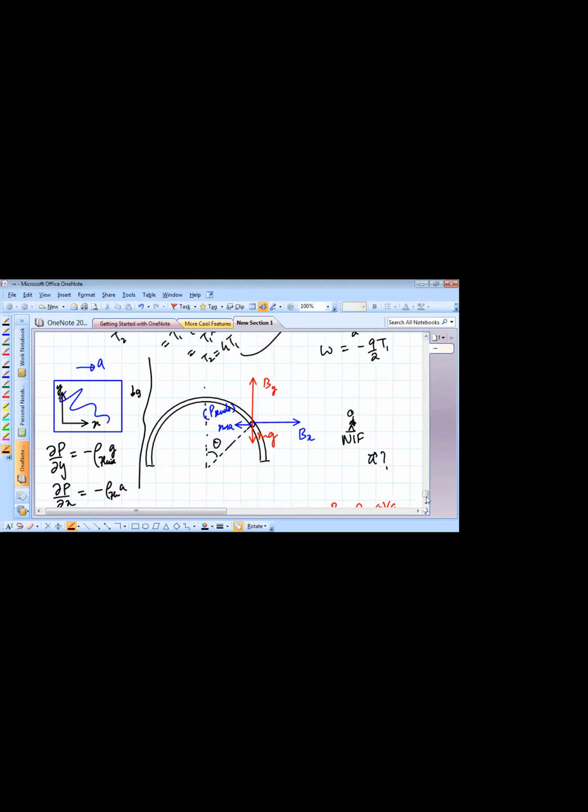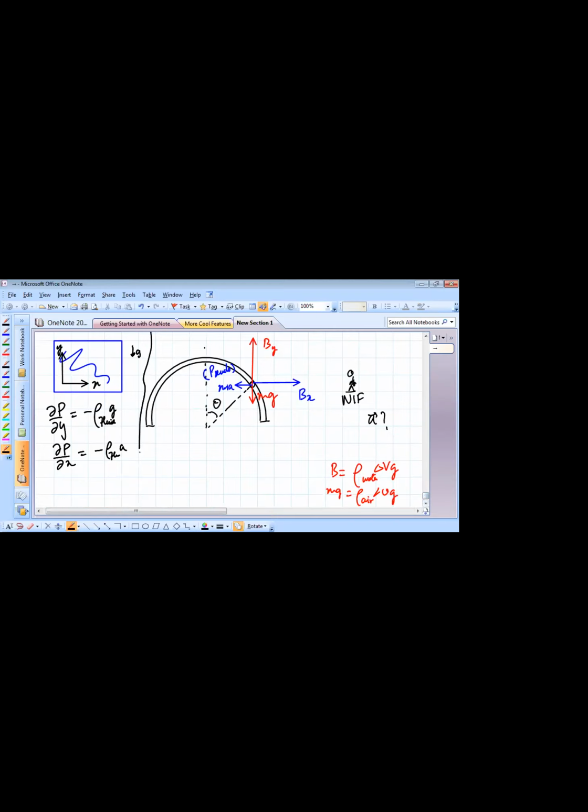As a result of that, in a liquid like this, if you have any body like this, it experiences a vertical component of buoyancy like this and a horizontal component of buoyancy like this. The vertical component of buoyancy becomes density of fluid into volume of the submerged part into g, and it acts opposite gravity.